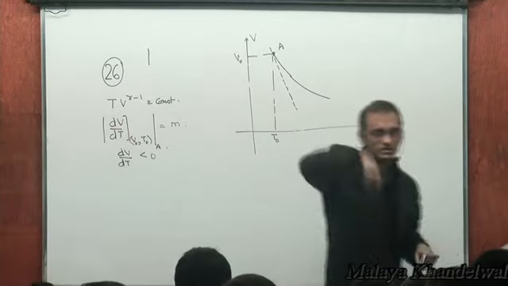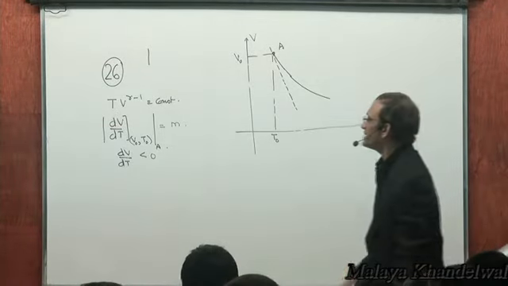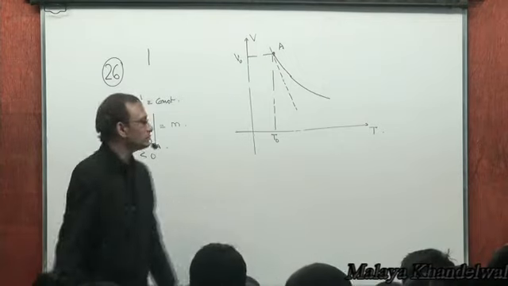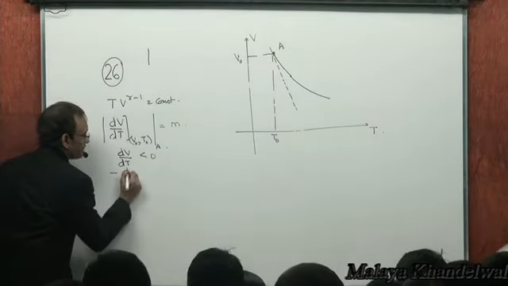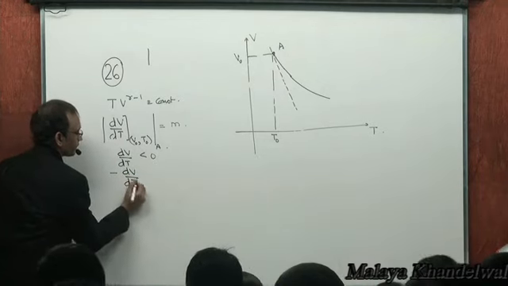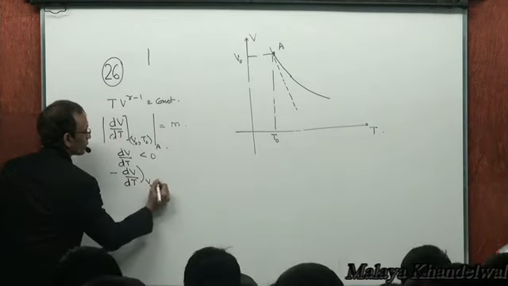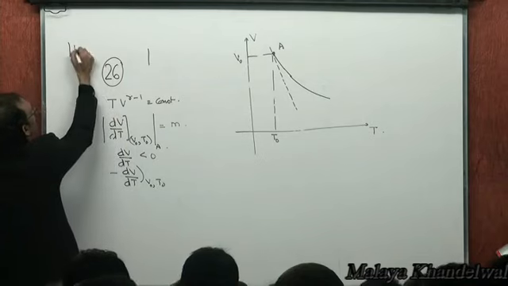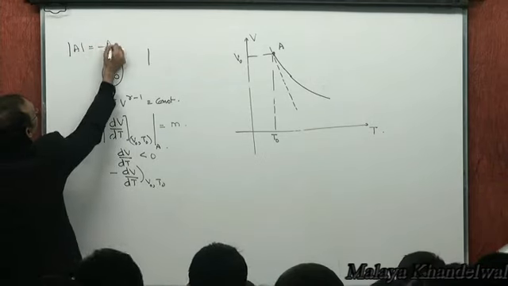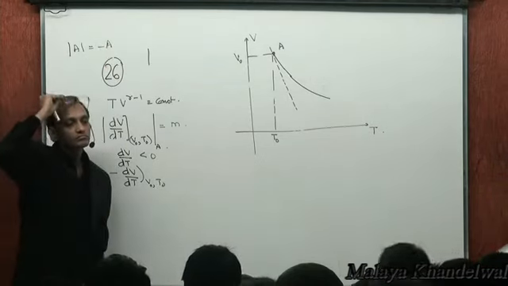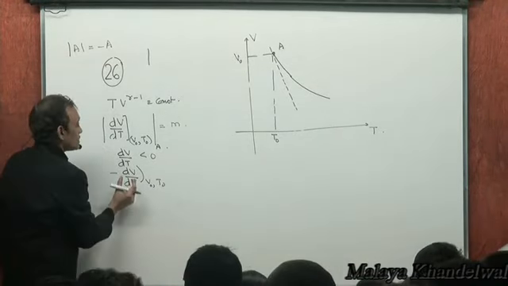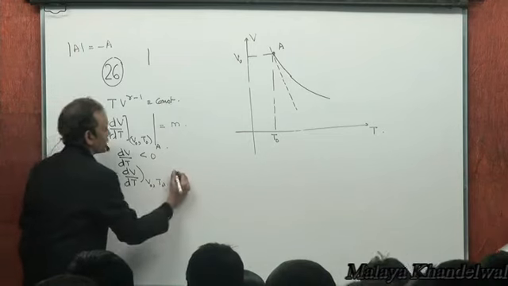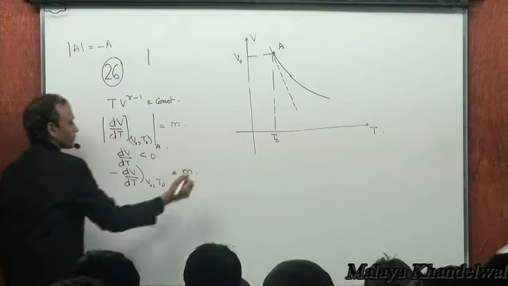As temperature increases, volume decreases, so dV dt is negative. Therefore, mod of dV dt would be minus dV dt. If A is negative, then mod of A would be minus A. So minus dV dt at V naught T naught is M.